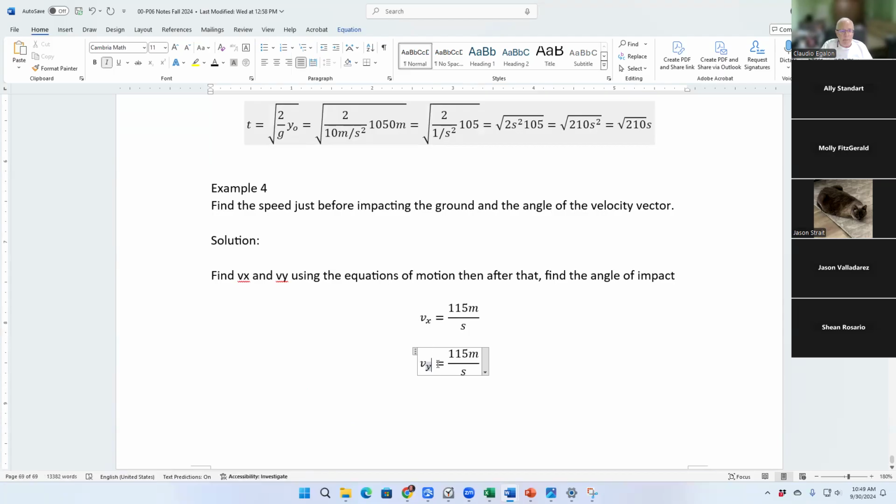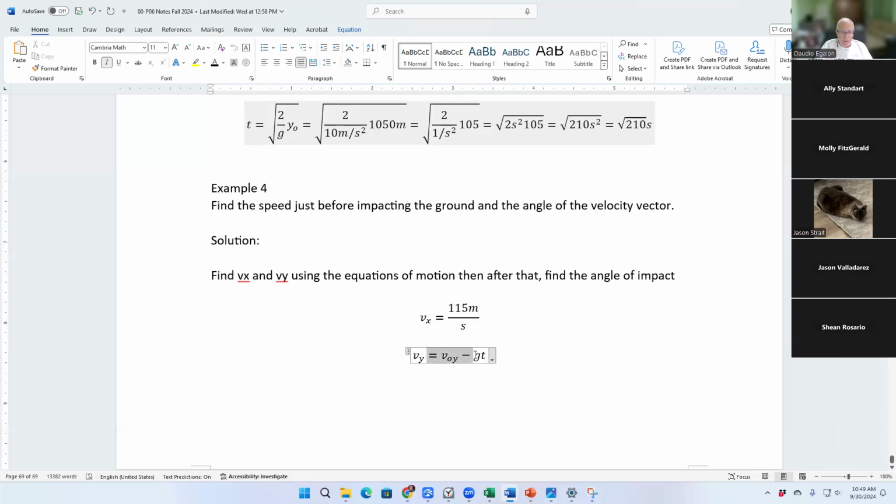But what's going to give a little bit more work is to find the y component of the velocity, right? The y component of the velocity is going to be initial velocity along the y-axis minus g t.